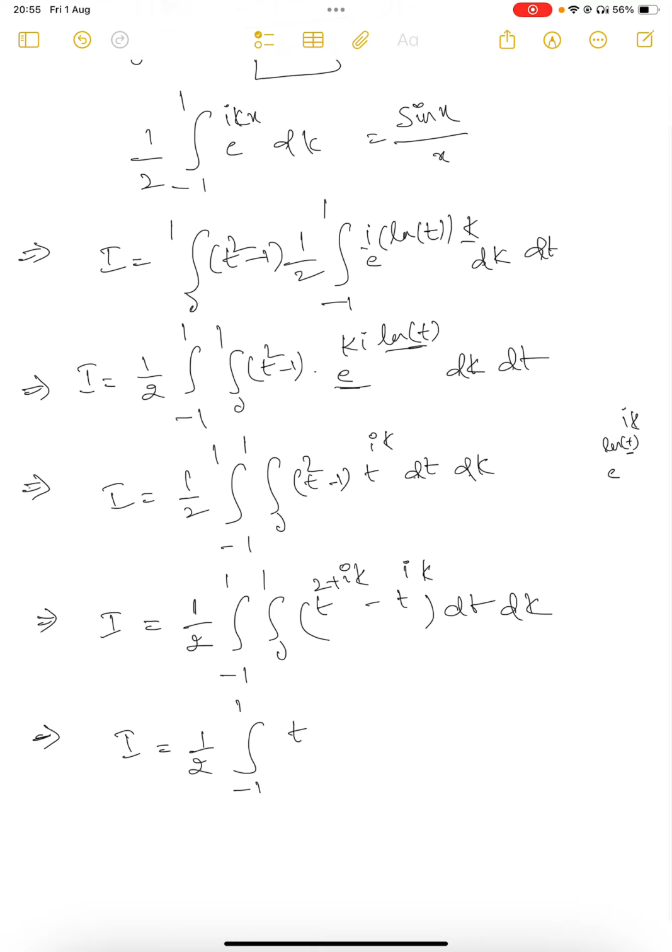Then 2 plus 1 plus ik. This will be t power 3 plus ik by 3 plus ik, not t power ik plus 1 by ik plus 1. Alright, sorry, integration is done, right? This is 0 to 1 dt.